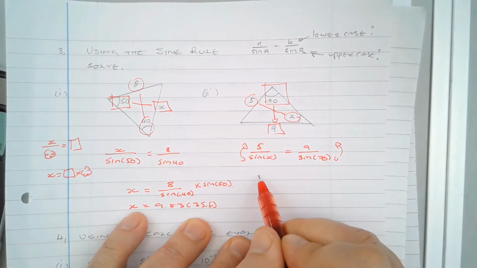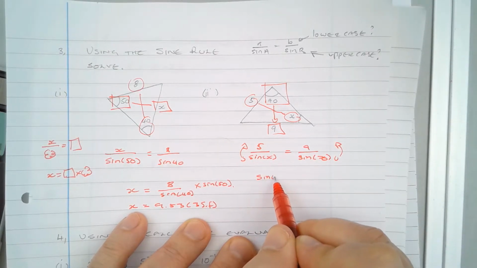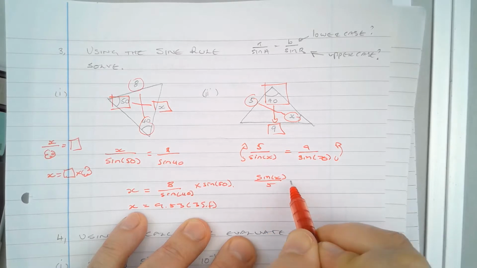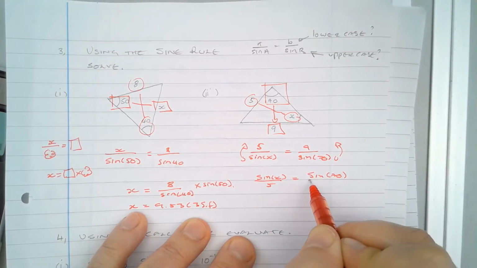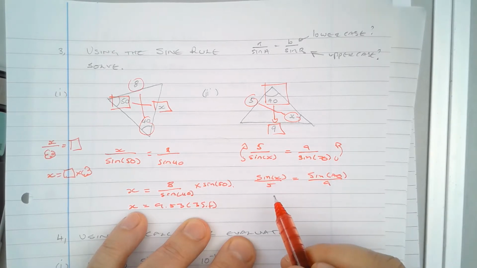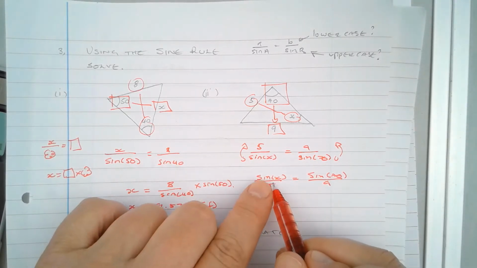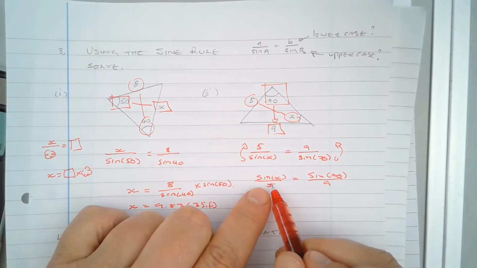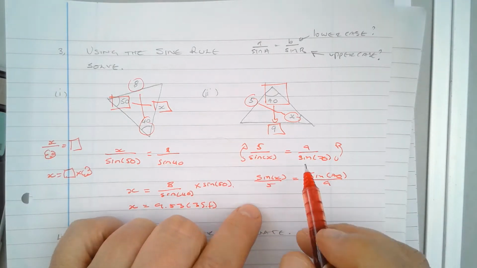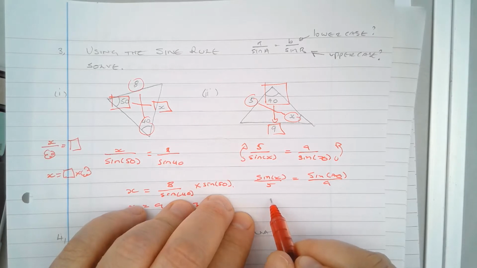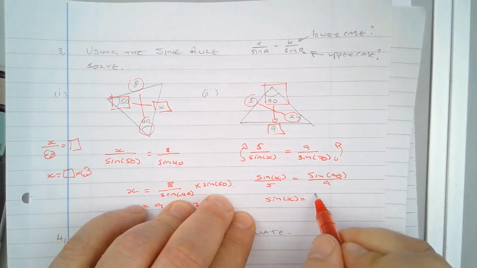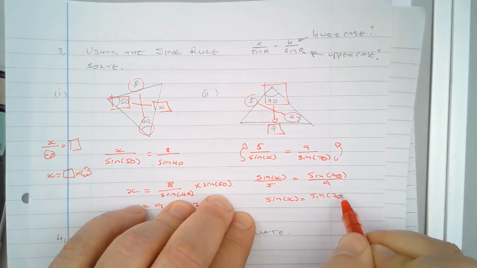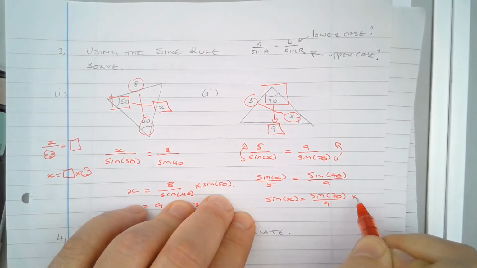So that I can get that back up to the top, sine x over 5 is equal to sine 70 over 9. Then I've got to strip away the divide by 5 before I can get at the sine. So to get rid of divide by 5, I'm going to multiply both sides by 5, giving me sine x is equal to sine 70 over 9 times 5.